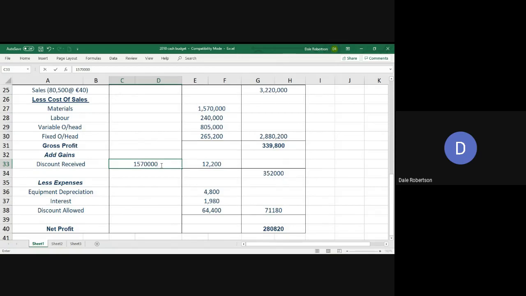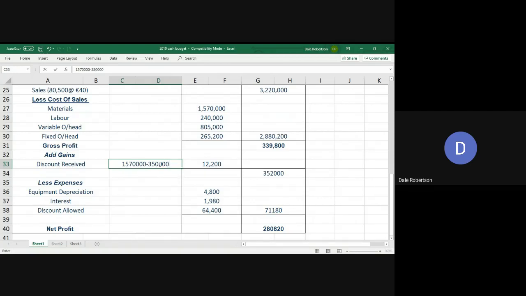But because we receive discount 1 month after when we pay 1 month on credit, we need to take out the December purchases because of course that discount we will not receive until the following year in January when we pay for it. So when you take out that, that's going to give you, I think, 122.